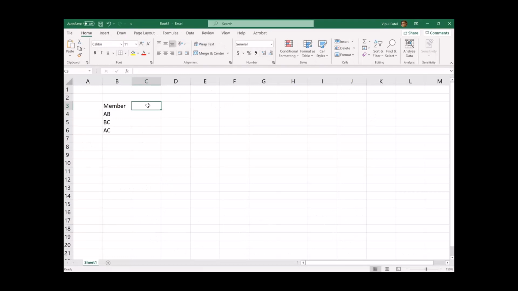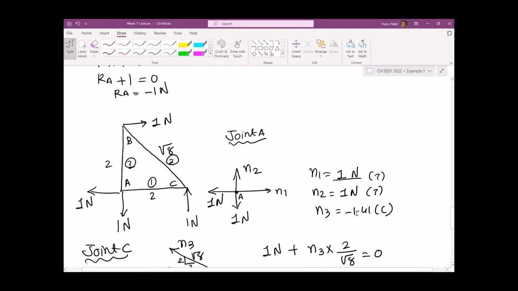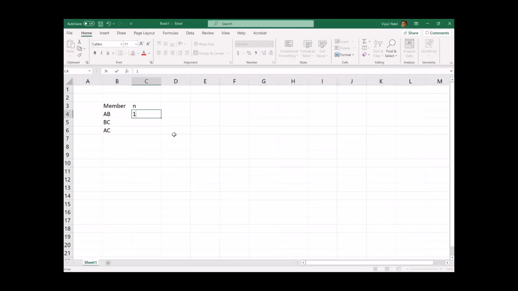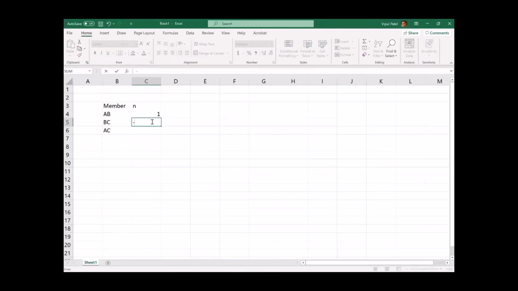Now let me put the small n, and this small n value was here somewhere. AB is 1, BC is minus 1.41, and AC is 1, right?